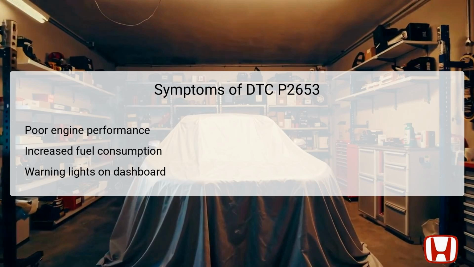Additionally, warning lights, including the check engine light, may illuminate on the dashboard, alerting the driver to an issue in the engine management system. Recognizing these symptoms is vital for early diagnosis and repair, which can save time and money.